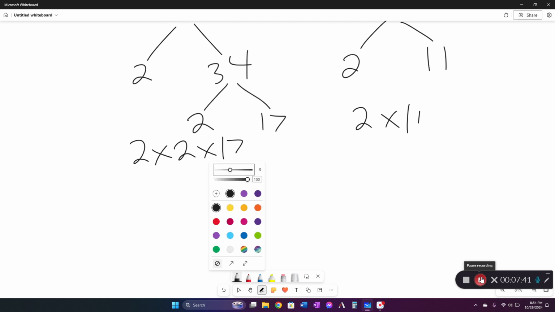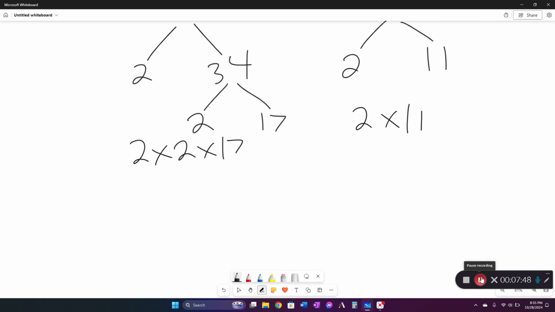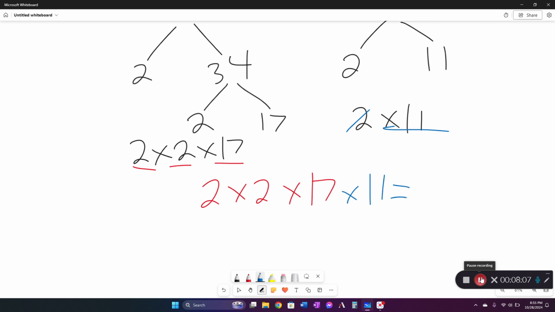Now let's write out everything down below. We need a 2. We need another 2. And we need 17. Now that 2 is covered. This 11 is not.